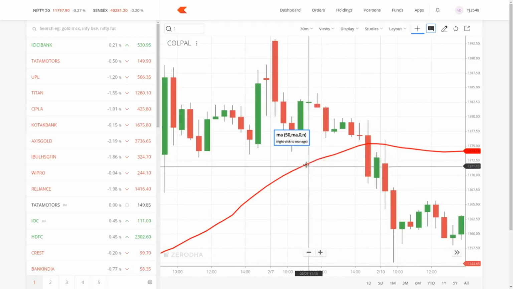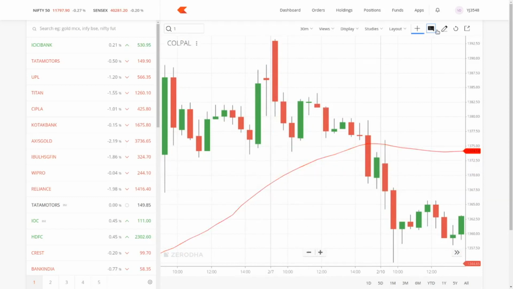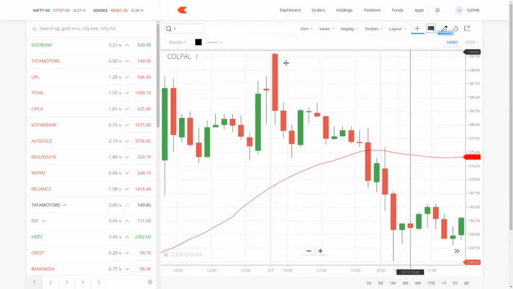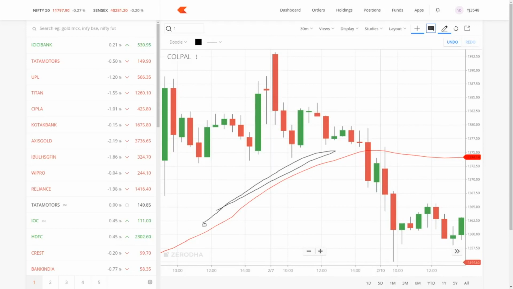This minus this should be higher than 0. This minus this should be higher than 0, and so on and so forth. So why do I need that? So that the line I get is an uptrending line. I want an uptrending line. Okay, like this. So that's what this difference lets me identify.